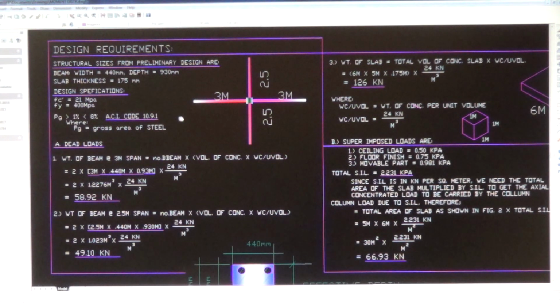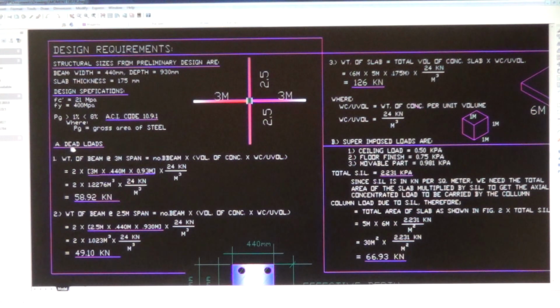Because a column is a compression member, and since concrete is very good in carrying compression loads, it is necessary in the design of the column to have the concrete carrying the majority of the column load. That's why they have it here.